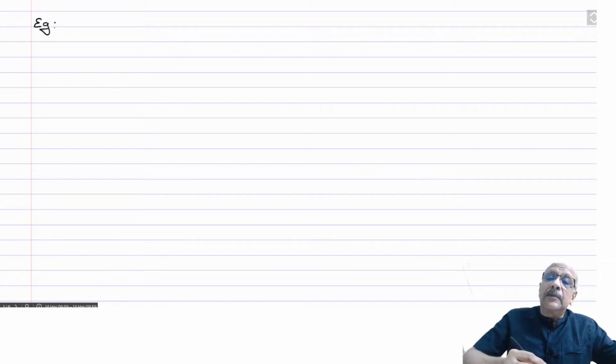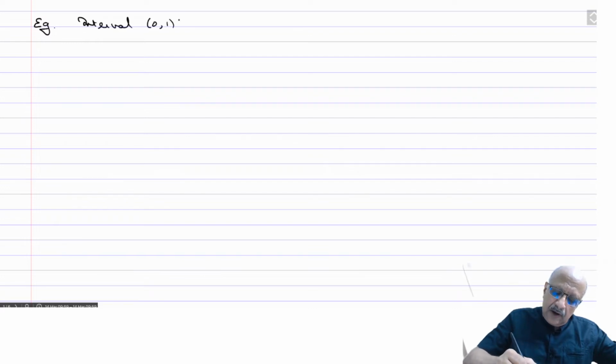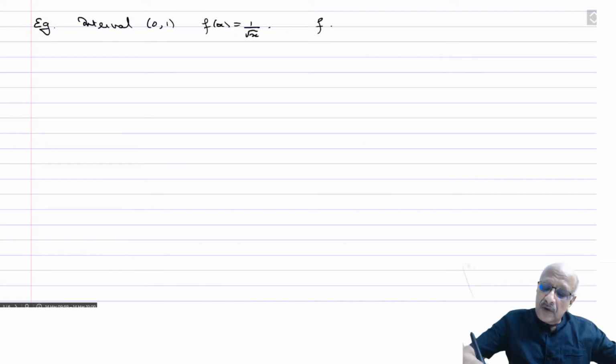So now let's give a couple of examples to show how to prove the integrability, study the integrability of a function with respect to the Lebesgue measure. So let us take the interval 0, 1 and f(x) equals 1 over root x. So we want to know if f is Lebesgue integrable.